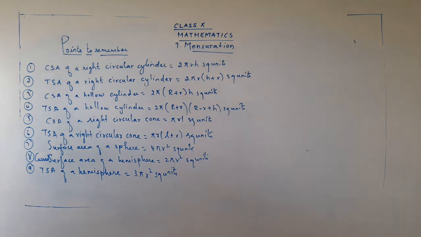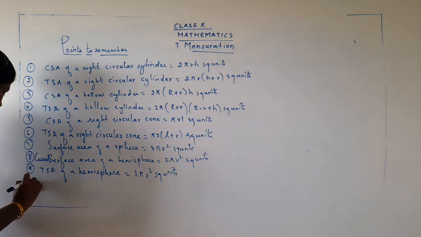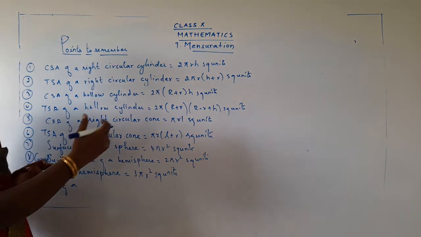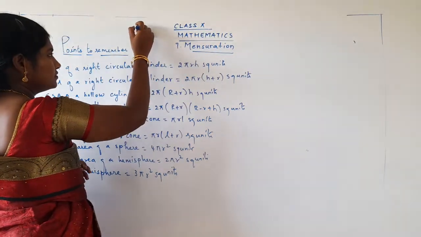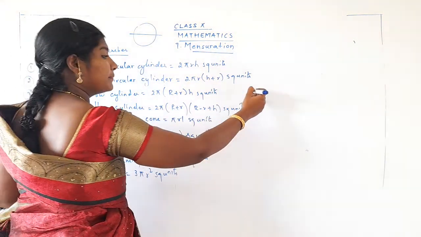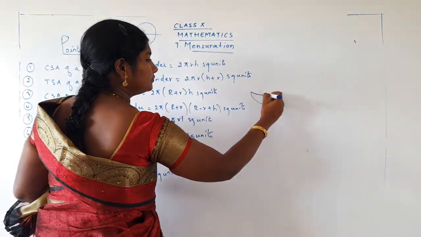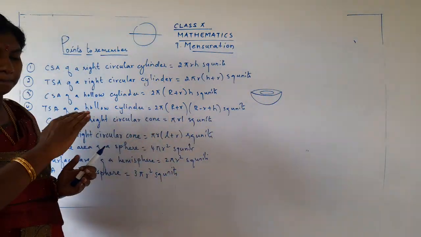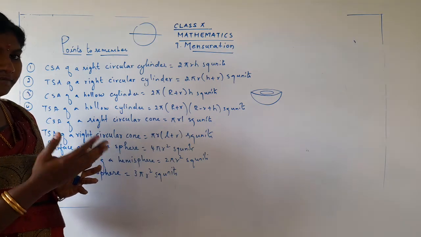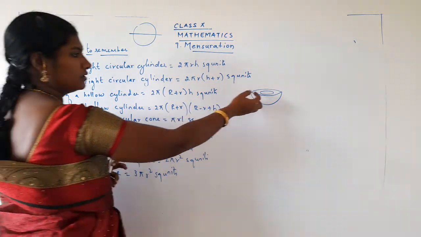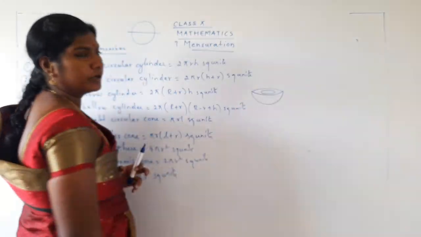That is the CSA of a hollow hemisphere. Hemisphere means if you cut the sphere, you get a hemisphere. Hollow hemisphere means it will be like this. You can just think of a component; when you break the component into two, you get two hollow hemispheres.